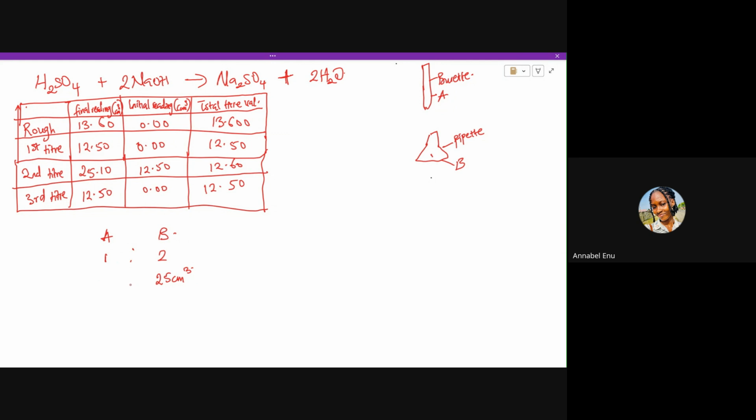So this is not going to be giving us 21, all these bigger values. For accuracy's sake, it is going to be in the range of 12 to about 12.5, or in the range of 11.9 to 12.5. That should be the range of our accurate first titer, second titer, or third titer.